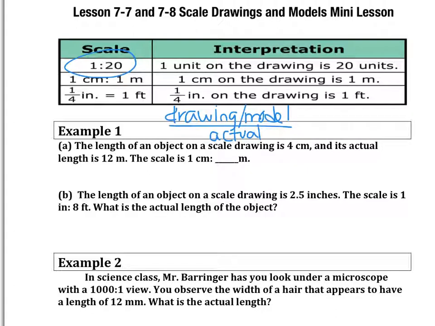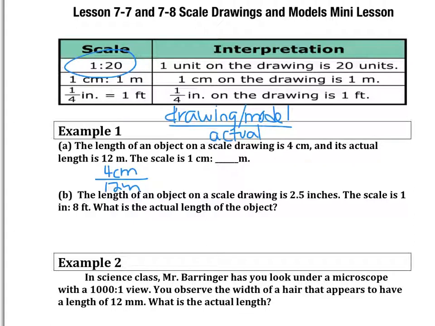So when we look at example 1, it says the length of an object on a scale drawing is 4 centimeters, and its actual length is 12 meters. So the scale is 1 centimeter to blank meters. So to figure this one out, you're really just simplifying. We're taking, again, the drawing measure, which in this case is 4 centimeters, over the actual measure, which is 12 meters.